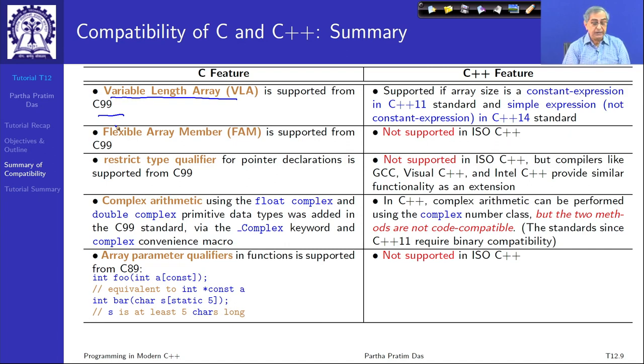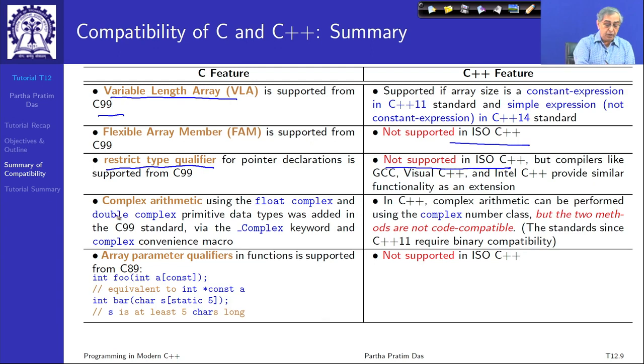It is possible in C99, but it is not supported in any of the C++ dialects. The restrict qualifier, to say that a particular pointer is holding an object to which no other pointer is being held, is not supported in C++ standards. Though some specific compilers provide similar functionality, it is non-portable and therefore not very advisable to be used.